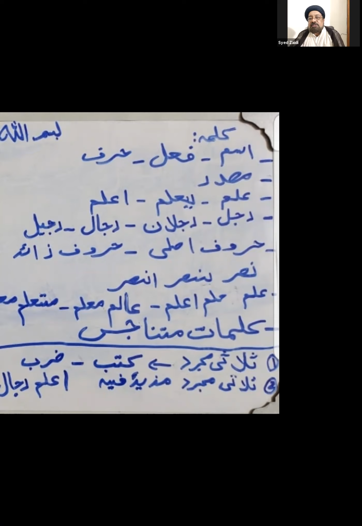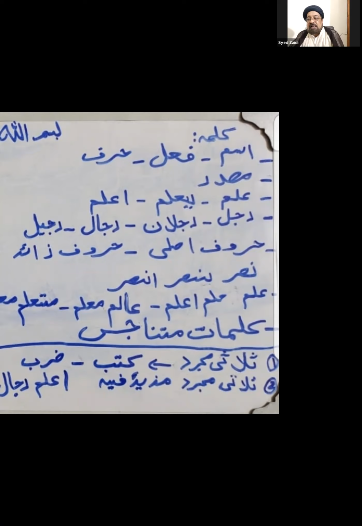As you can see on your screen: alama, ya'lamu, i'lam, alim, muallim, muta'allim. The root word is ilm. And like I've explained before, it is pretty easy to find out which letters are huruf asli and huruf zaid.